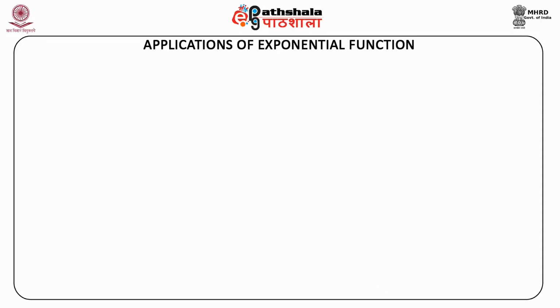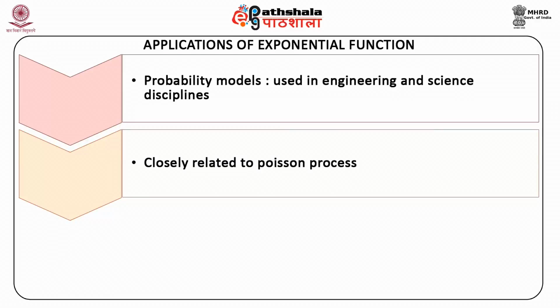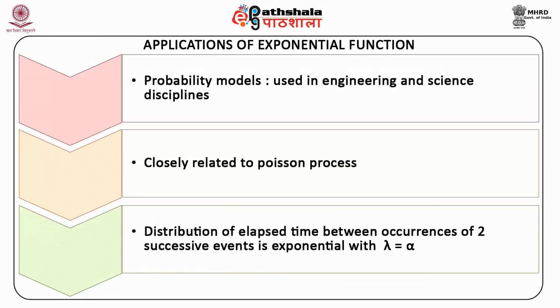First, the family of exponential distributions provides probability models that are very widely used in engineering and science disciplines. Second, the exponential distribution is closely related to Poisson process and is frequently used as a model for the distribution of times between the occurrence of successive events. If the number of occurrences is Poisson distributed, the lapse of time between occurrences will be exponentially distributed.